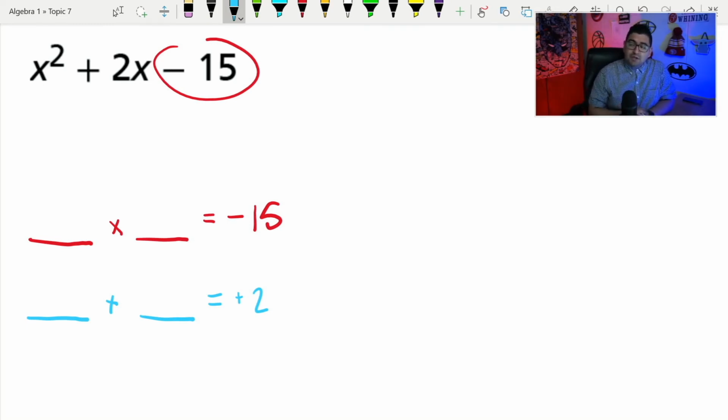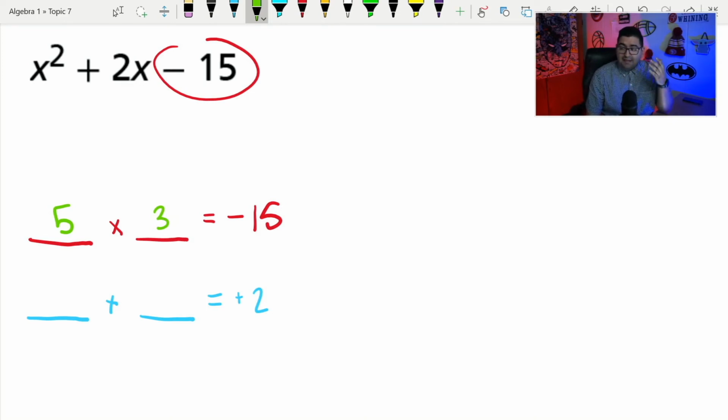Well, one way is a 5 and a 3. So let's say 5 times 3. 5 times 3 is definitely 15. But the question is, which one do I make negative? I only need one of them to be negative, and the other to be positive so that I can get a negative 15.